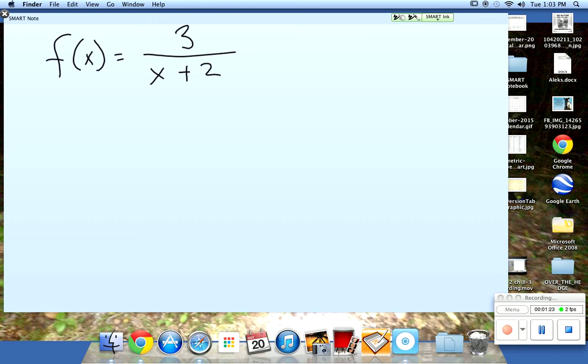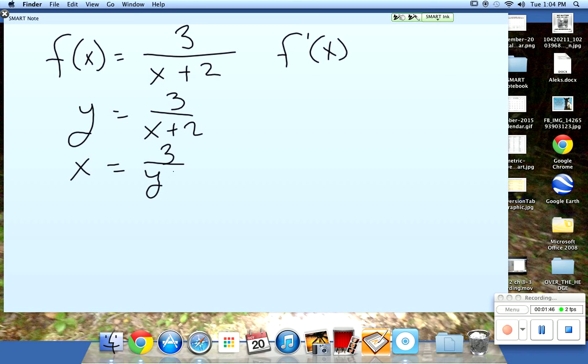We want to find the f prime of x. This is going to give you your y, or your horizontal asymptote. All right? So if we solve this, we call this y, 3 over x plus 2. Switch these around, x equals 3 over y plus 2, and we start solving this.